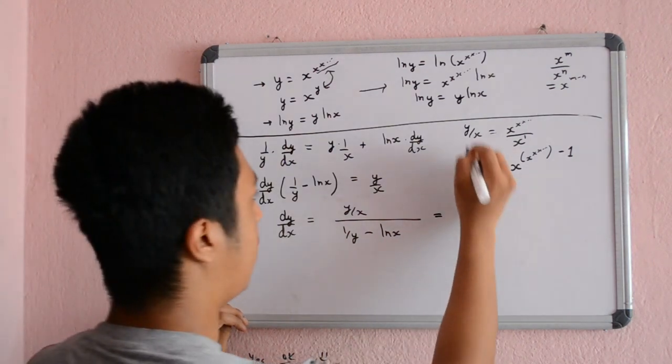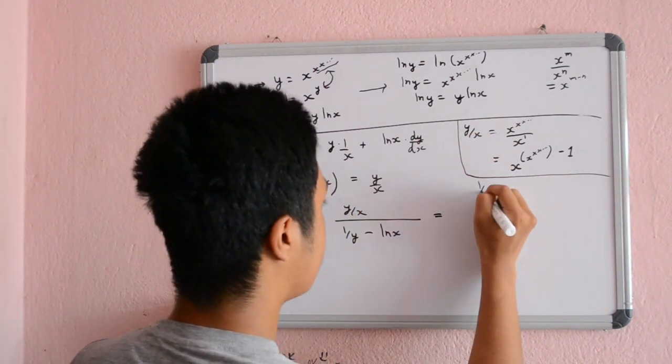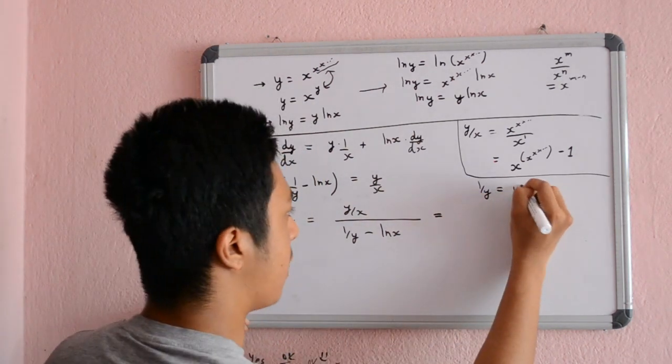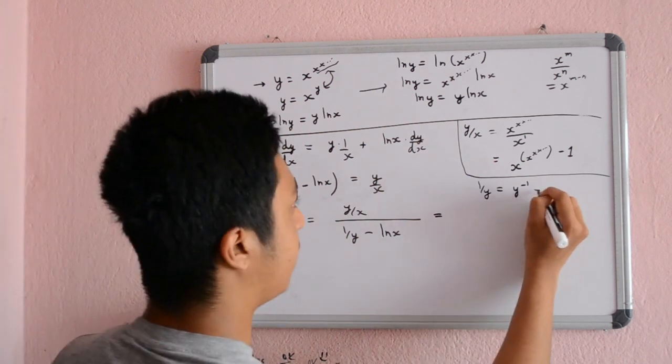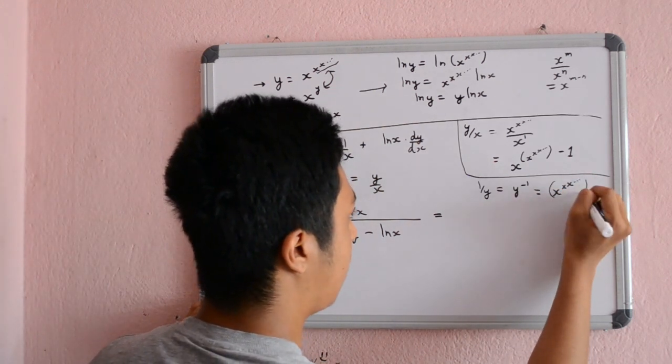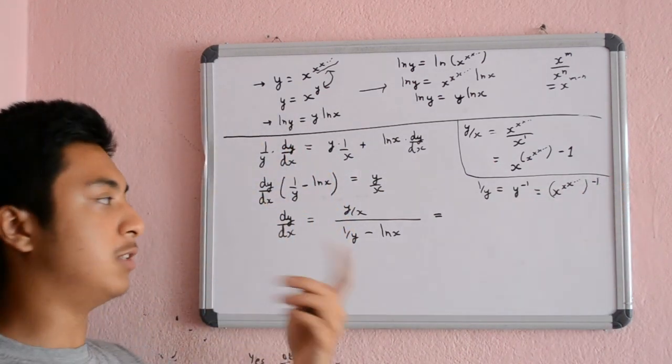Now for 1 by y, we can write it as y to the power of minus 1. And this y right here is x to the power of x to the power of x and so on, raised to the power of minus 1.